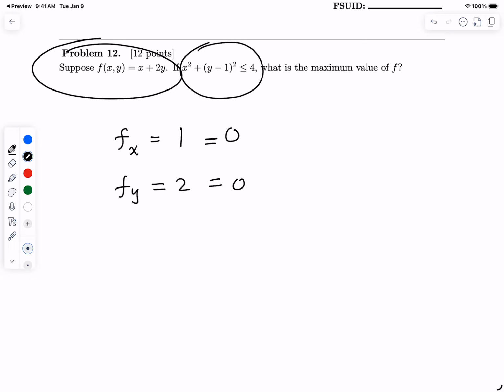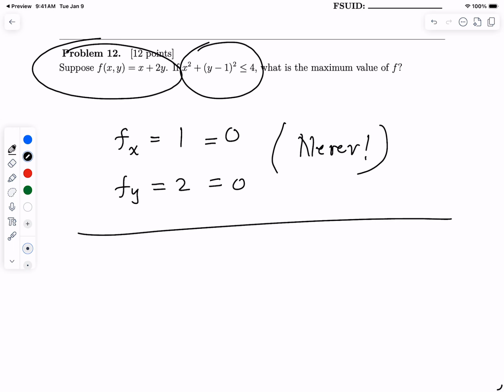Never, because the partial derivative with respect to x is 1, and with respect to y it's 2. Are they 0 at some points? No, they are never 0. It means we cannot apply the second derivative test and find critical points, which one is maximum, which one is minimum, which one is a saddle. We cannot do this.